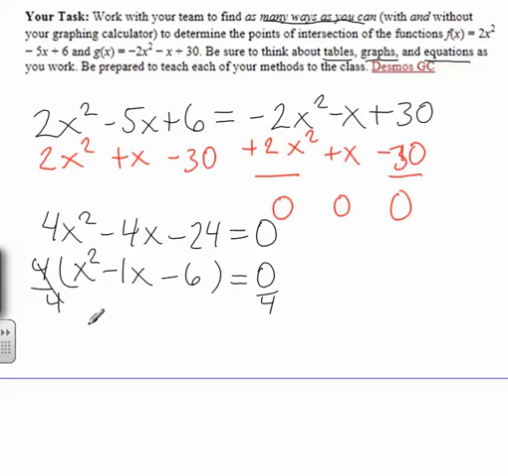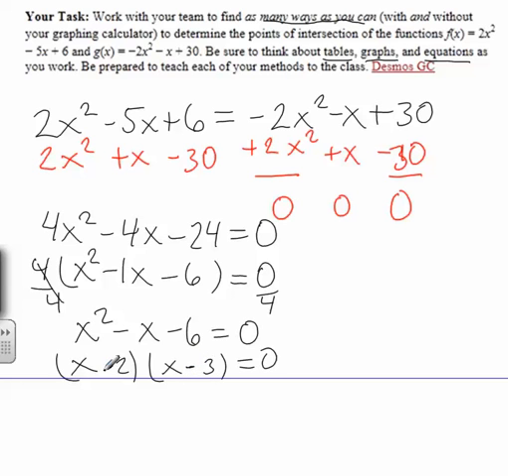That leaves 1. And 0 divided by 4 is just 0. So now we can factor this. And it factors into a 2 times 3, which makes them 6. One of them needs to be negative. The larger of the two needs to be negative to add together to make this negative 1.